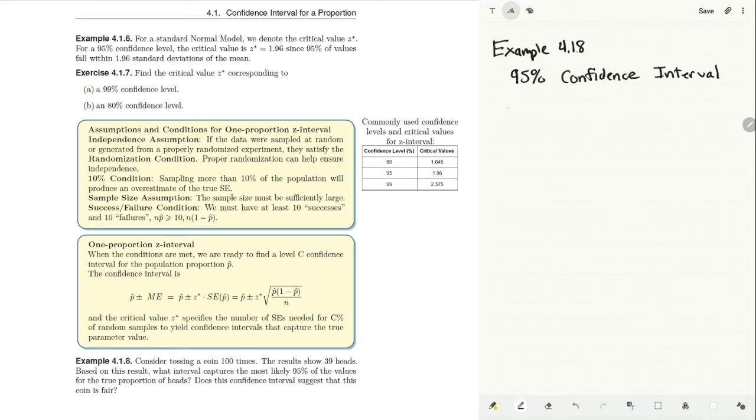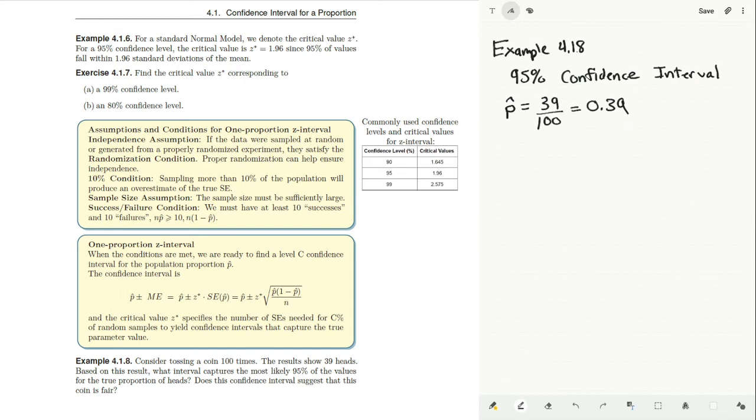The sample proportion p hat is the proportion of heads in our sample. We observed 39 heads out of 100, and so p hat will be 39 divided by 100, which is 0.39.